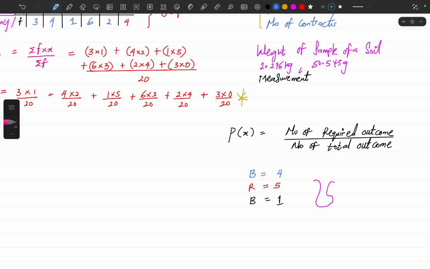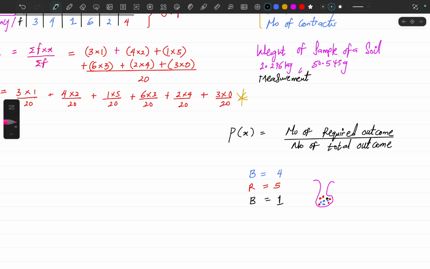So we put our blue balls, then we'll put our red balls, then we put our black ball. So we put our balls in this sack.